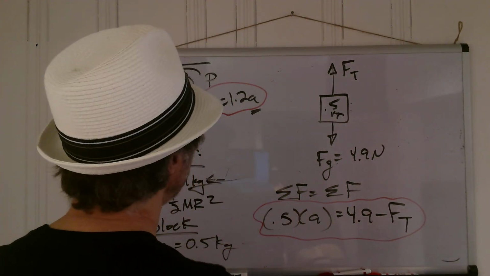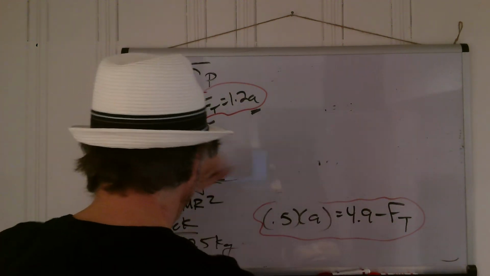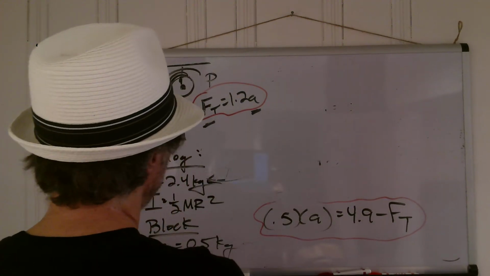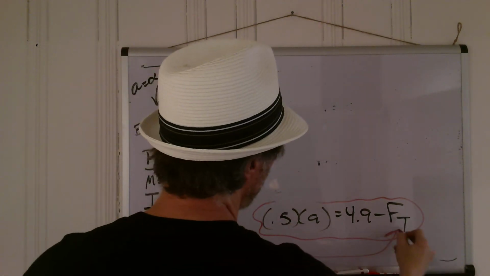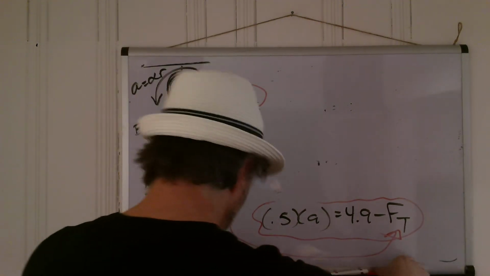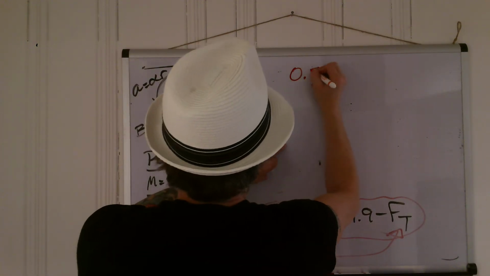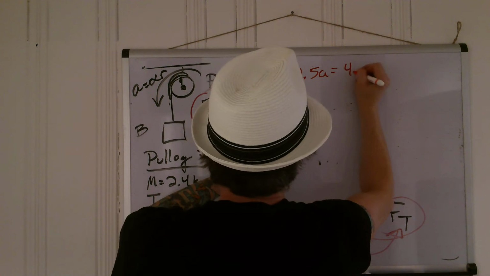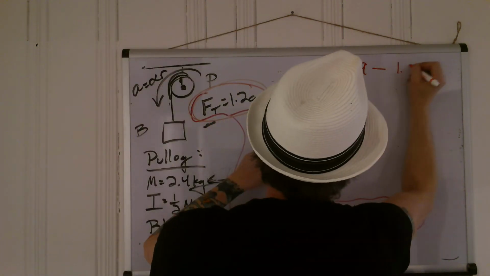So now what we can do is just solve. We've got two unknowns, two equations. Probably the easiest thing to do would be to take my tension and plug it in over here. If we do that, we get 0.5A equals 4.9 minus tension, 1.2A.